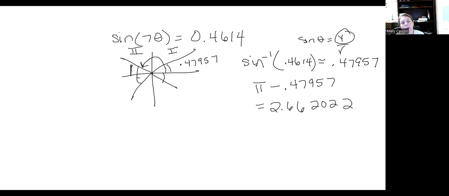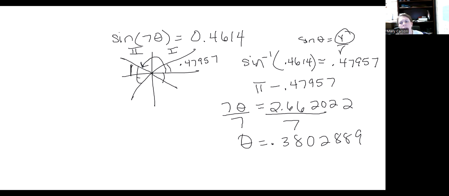And then the last part here is we divide this by 7, and you end up with 0.38028889. Now, the other thing I forgot to do is this one. So you would have to do 7 theta equals 0.47957 and then divide by 7.